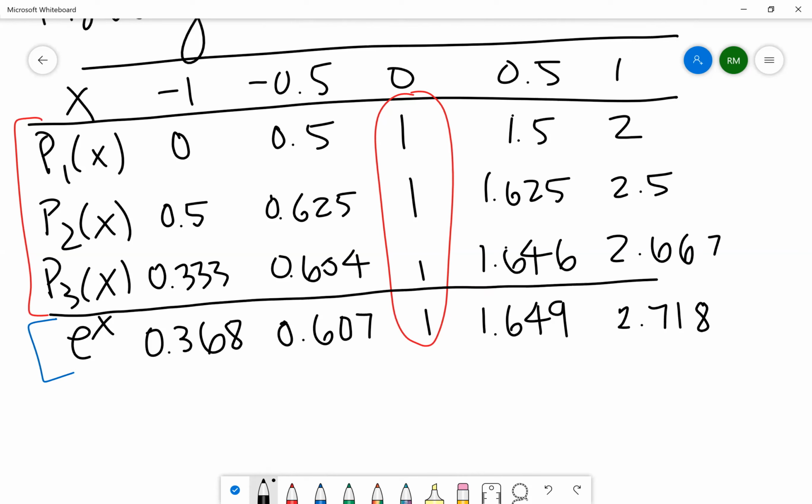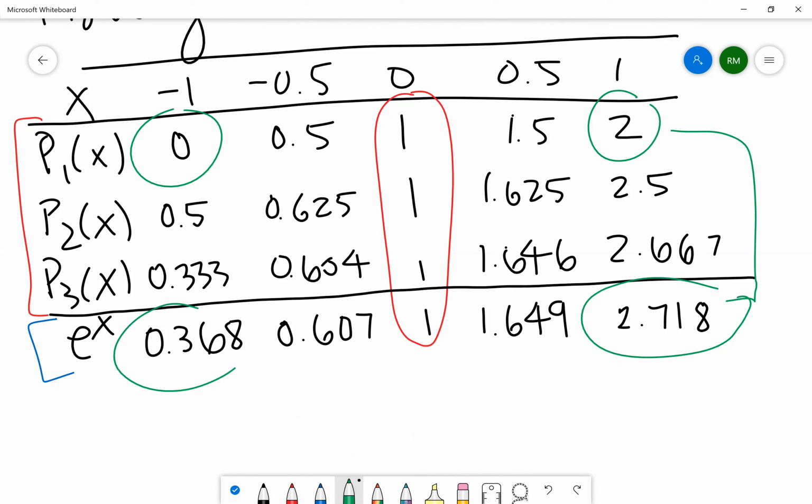Well, we see that as we plug in x values that are farther away from the number 0, these are farther away from the actual answer than numbers that we plug in that are closer to 0. So the farther our x values are away from 0, the further off we are.